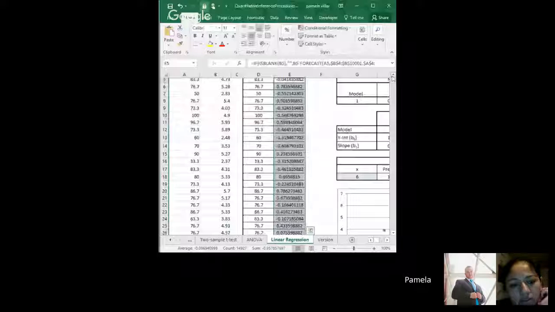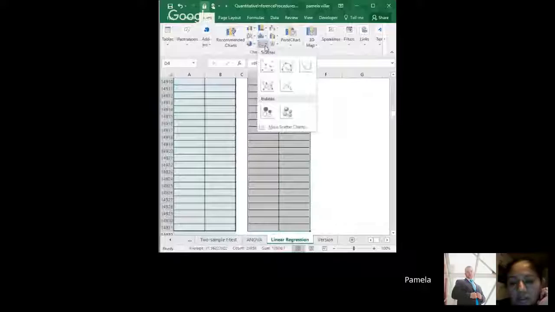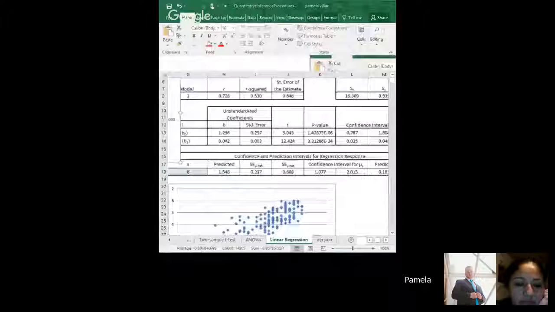It says when you have already entered all the explanatory and response variables into the correct columns in the qualitative inferential procedures spreadsheet, you are given the column of residuals in column E. Highlight both column D and E, the explanatory variable and the residual. Then click the Insert tab and then click Scatter. You want the first choice, scatter with only markers.